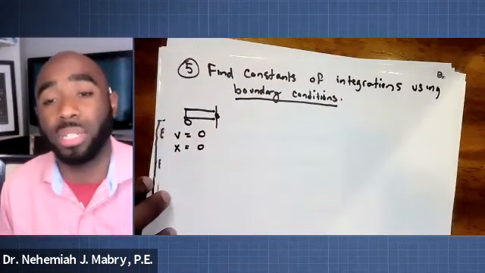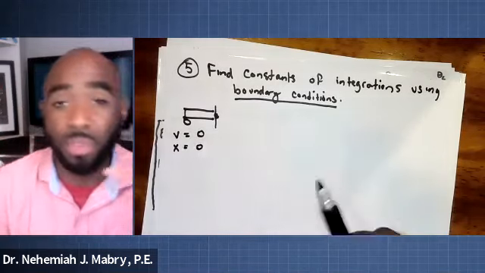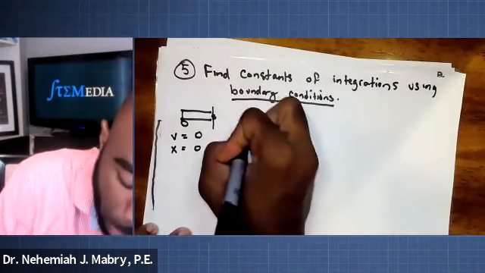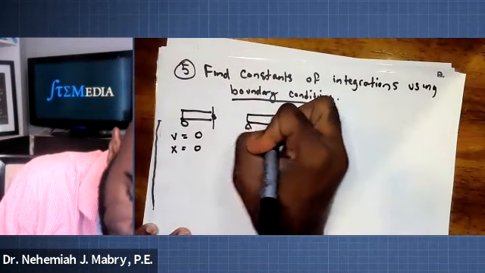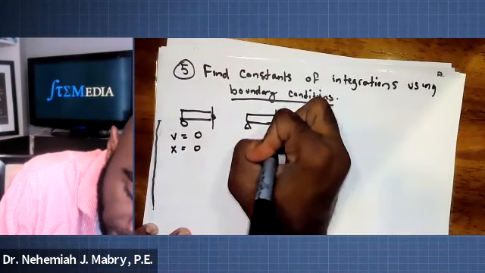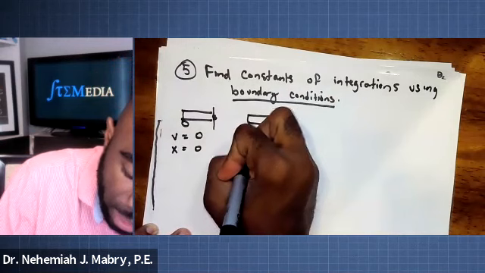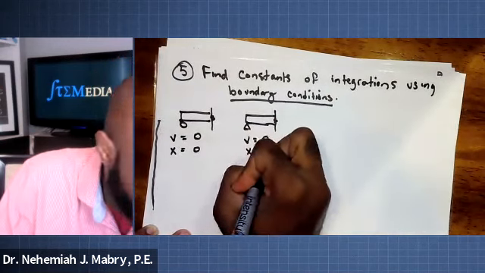That's a boundary condition. So if you plug in 0 for x, the equation you have for your v, your deflected shape, should also be 0. That's one boundary condition. Another example of boundary condition is a pin, right? The boundary of this beam could be at a pin, and if that's the case, that means that the deflection is also still 0 whenever x is equal to 0.